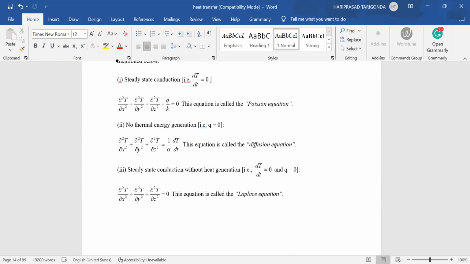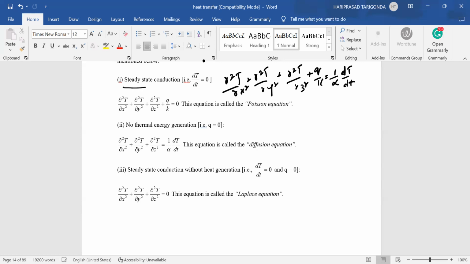In the general conduction equation, we have seen ∂²T/∂x² + ∂²T/∂y² + ∂²T/∂z² + q/k = (1/α) ∂T/∂t. The first assumption is that the heat transfer process is steady state.